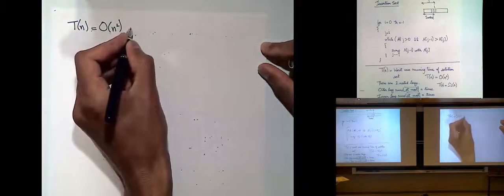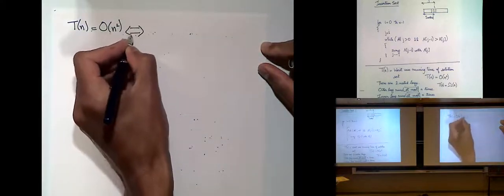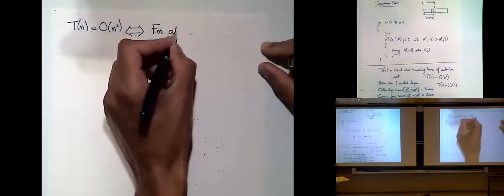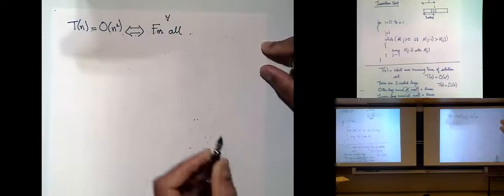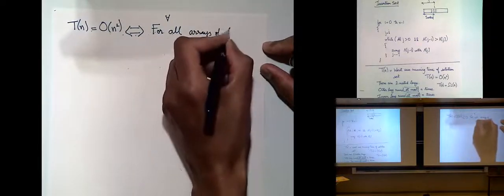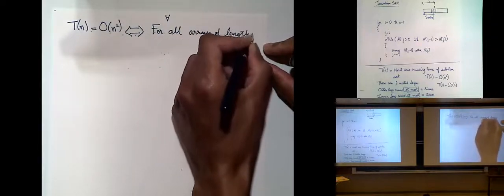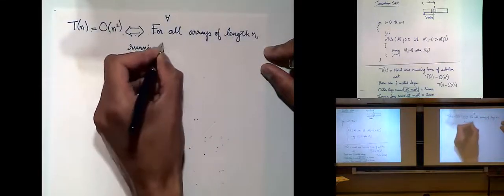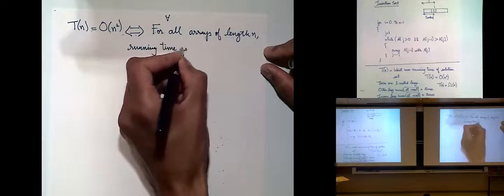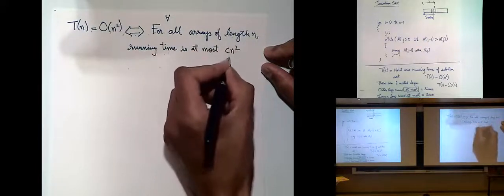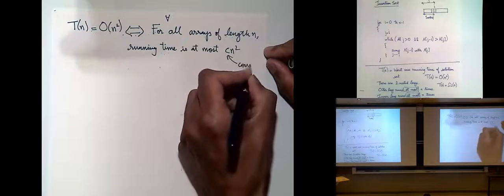This is equivalent to saying, for all arrays of length n, the running time is at most C n squared, and this is some constant.